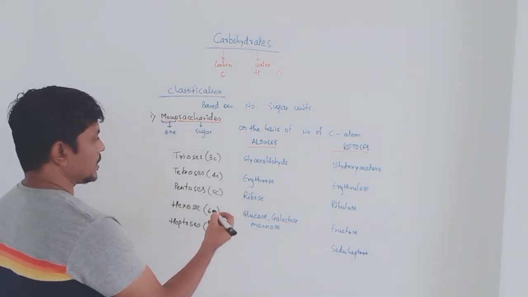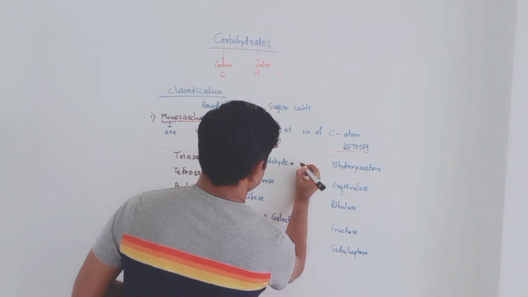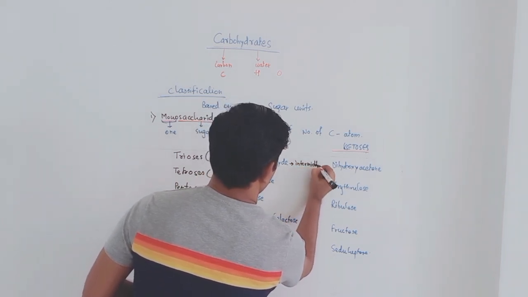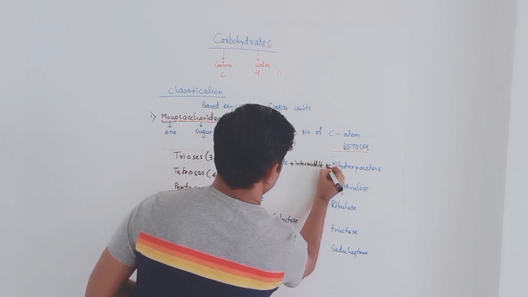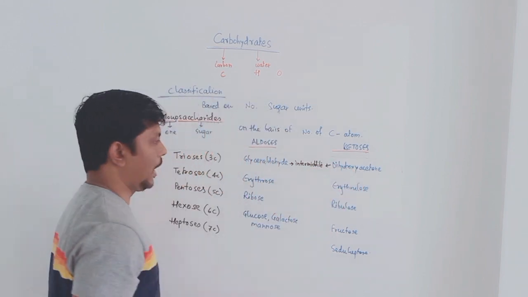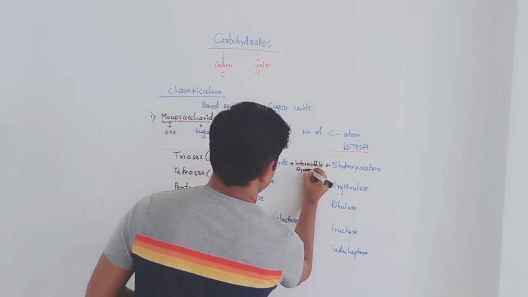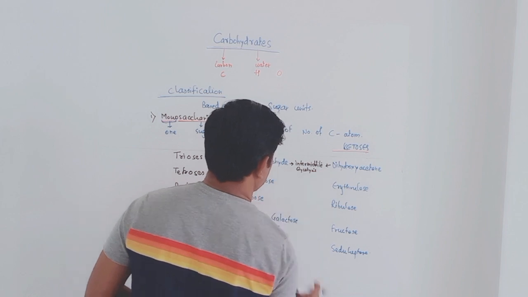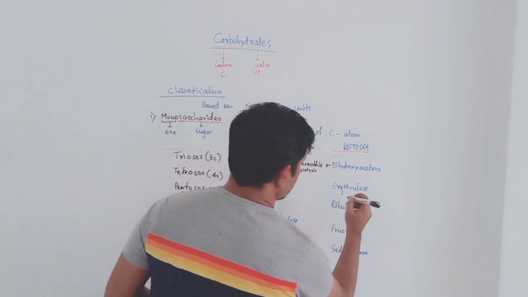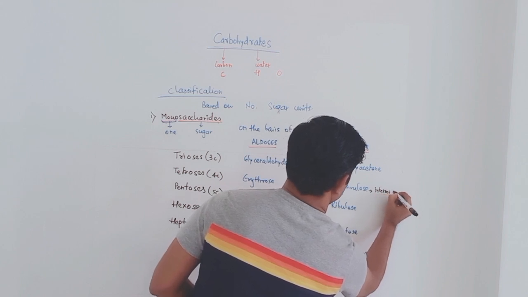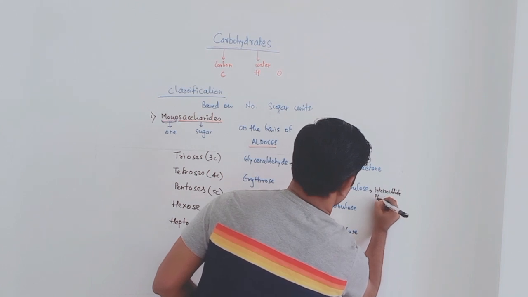So this glyceraldehyde molecule, what is it? It is an intermediate molecule. So as dihydroxyacetone, these are the intermediates of the glycolysis process. Okay, erythrulose is also an intermediate substance in the pentose phosphate pathway.